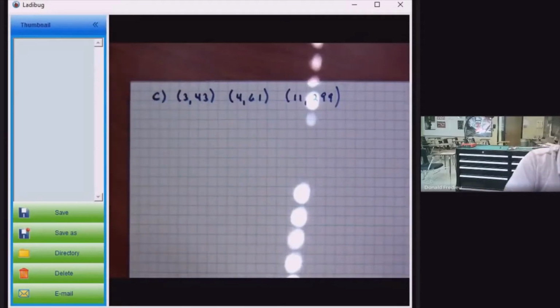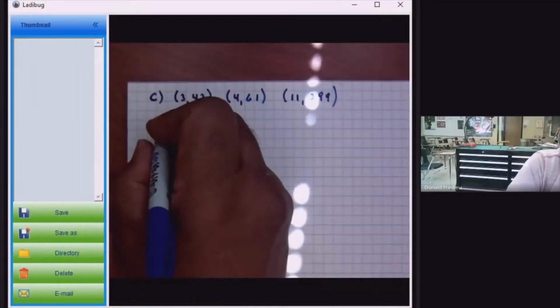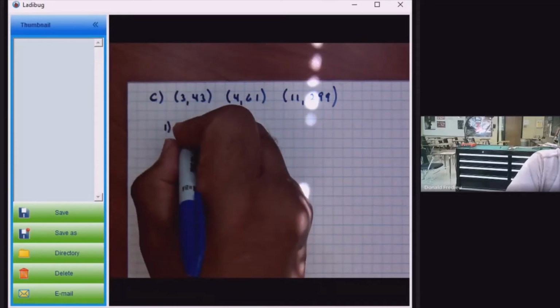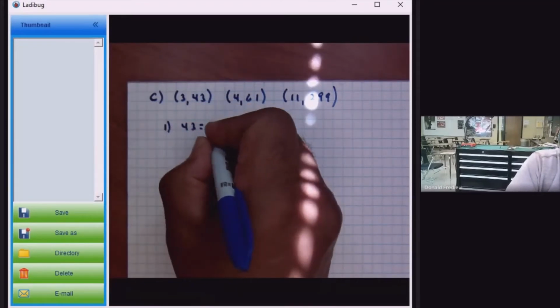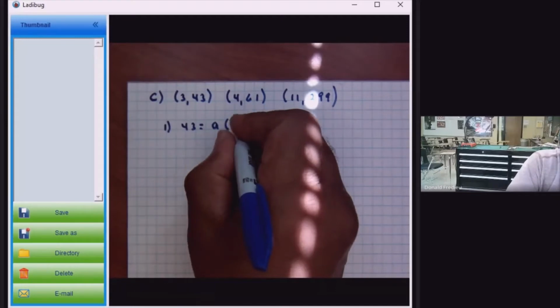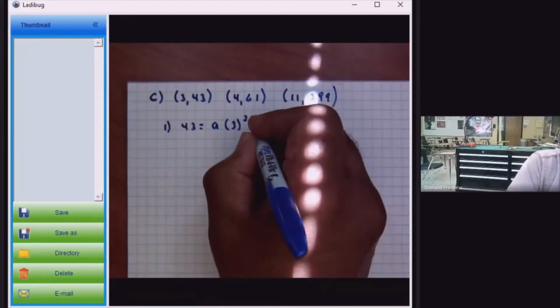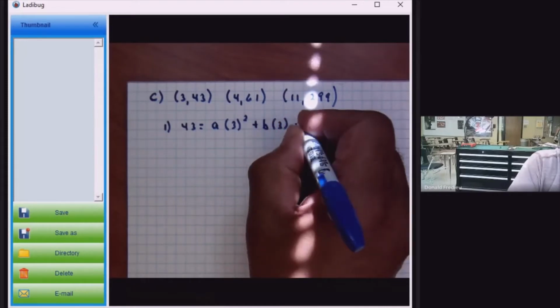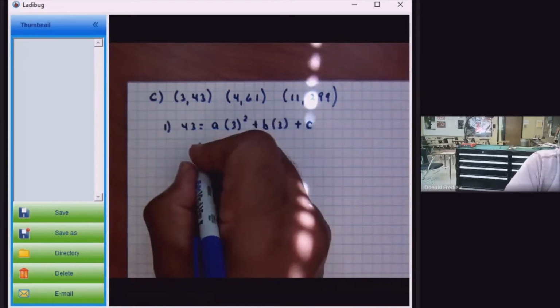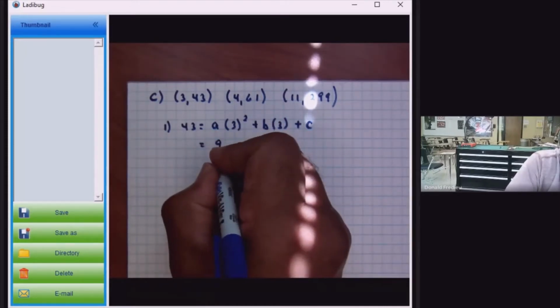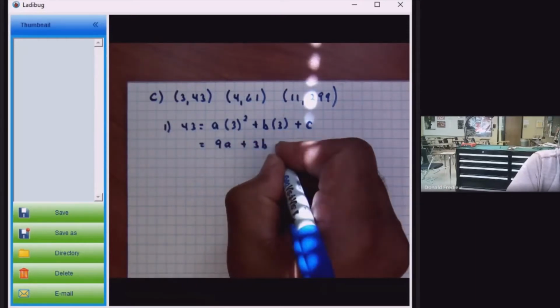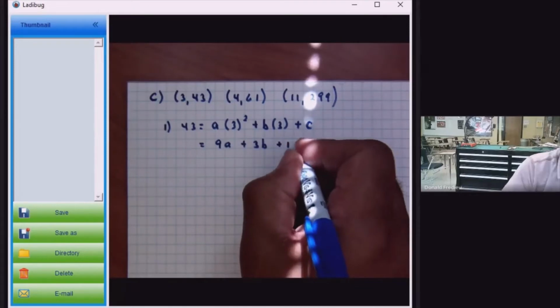So let's write the equation together. First equation, y is 43, x is 3, so that's a times 3 squared, plus b times 3 plus c. So 43 becomes 9a plus 3b plus 1c.